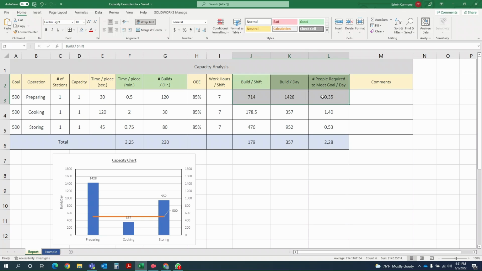So again, another green. You want to see what the build is per shift. There are 3 things at play here: the number of builds per hour times 7 hours, so in 7 hours, it's just a multiplication. But I'm also considering OEE. This is where a fraction, essentially a percentage, comes in, since they're not really working in these full 7-hour shifts.